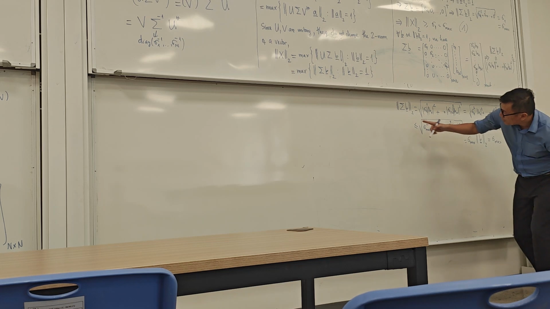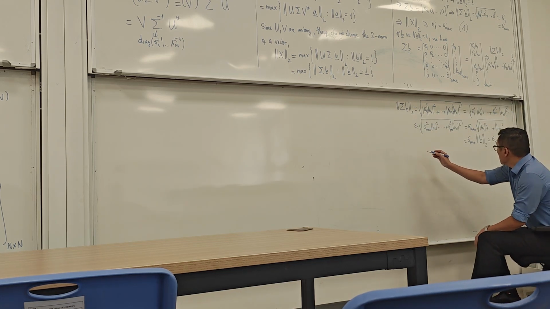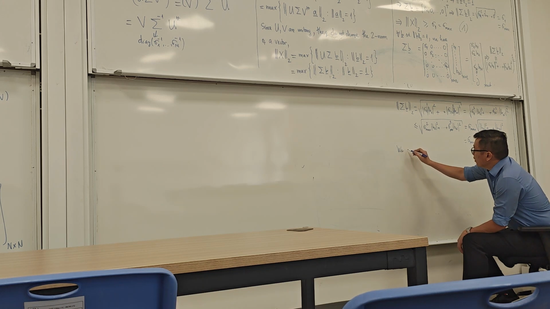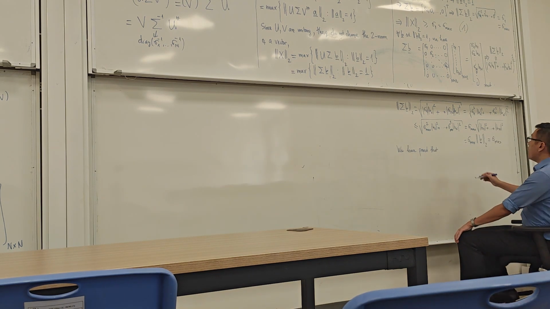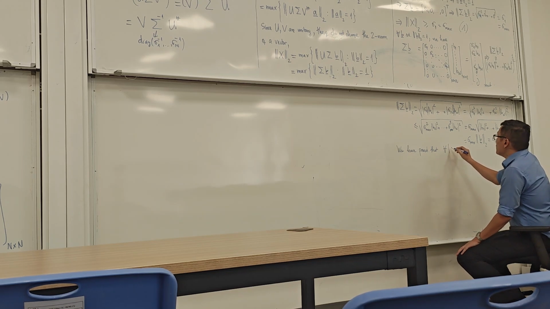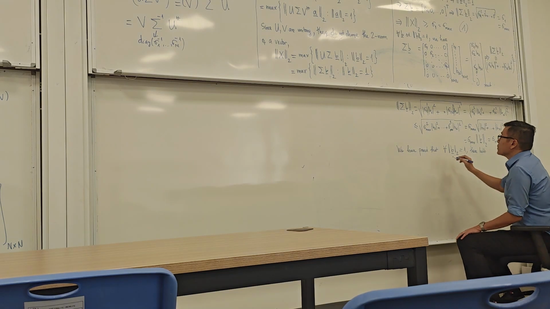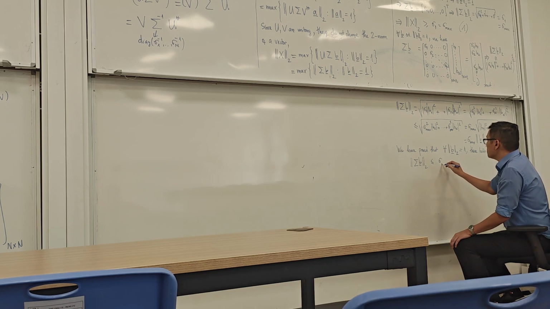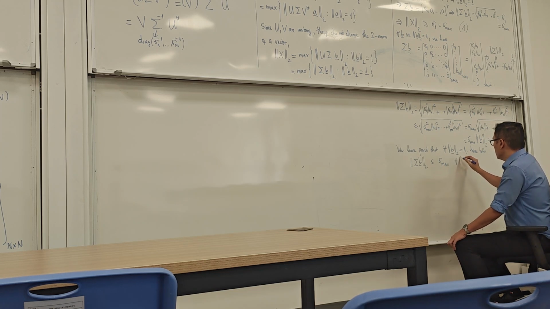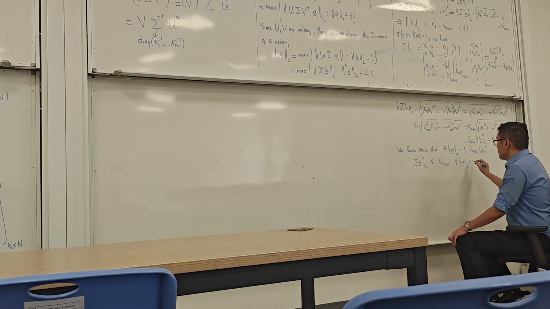Now we have shown that for every vector b such that the L2 norm of b equals 1, there holds that the norm of sigma b is smaller than or equal to sigma max. This is true for all b with norm equal to 1.